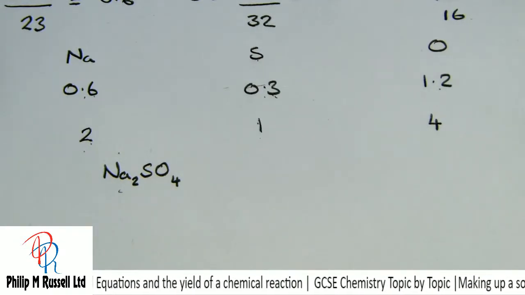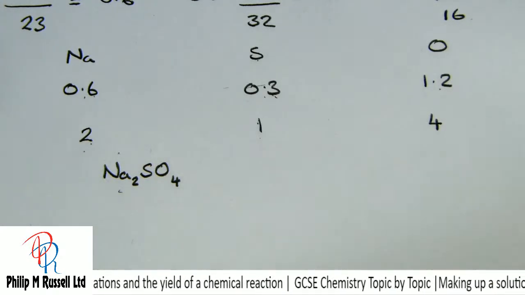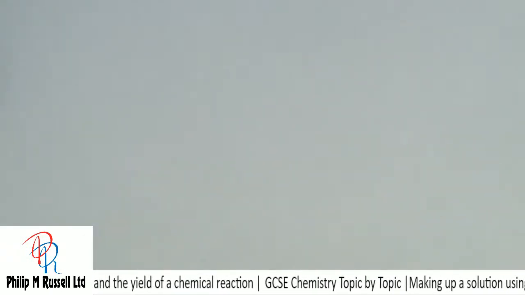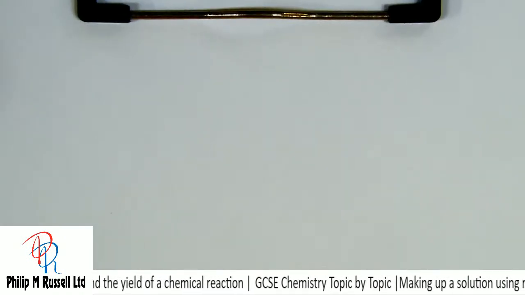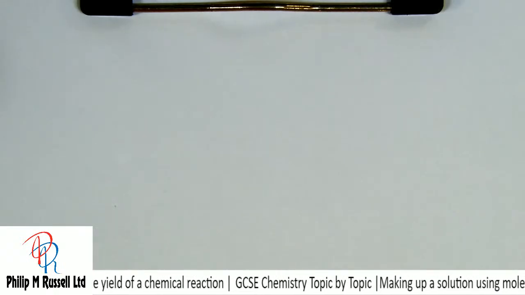Right, so let's now look at a different type of problem. Let's look at an equation, and the equation we're going to have is going to be an acid plus a carbonate.